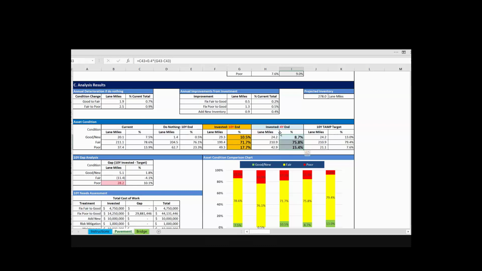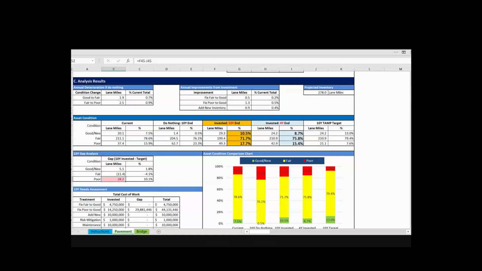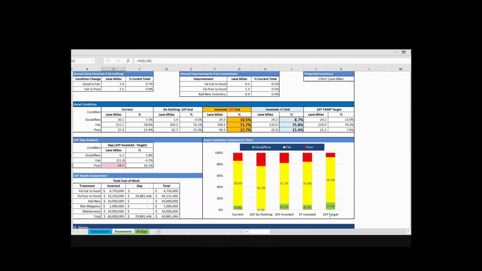In addition to this projected condition, we also estimate the performance gap between this 10-year end projected condition and the assumed performance target. And we also calculate the cost associated with this gap in this 10-year needs assessment.